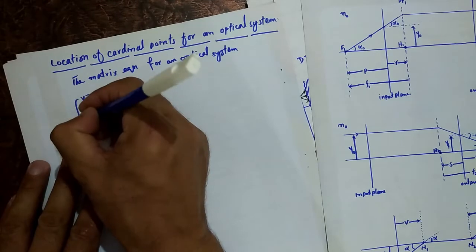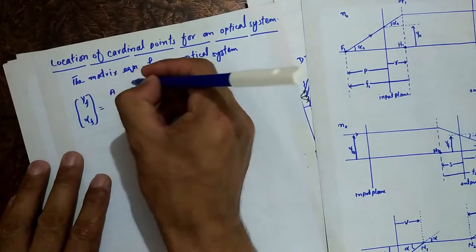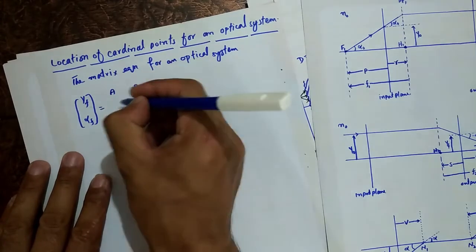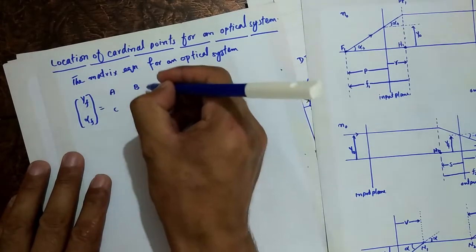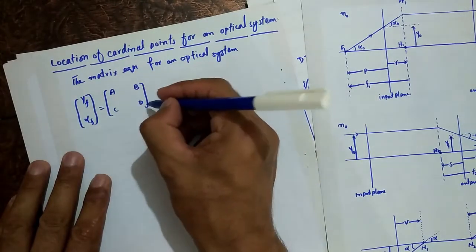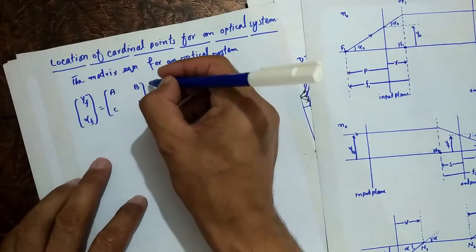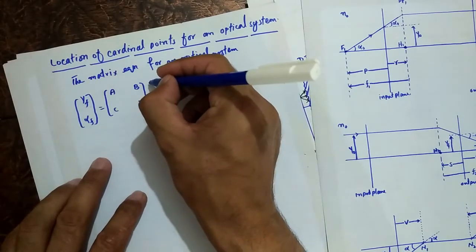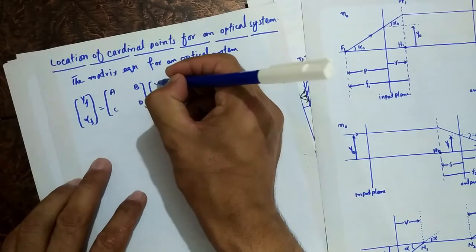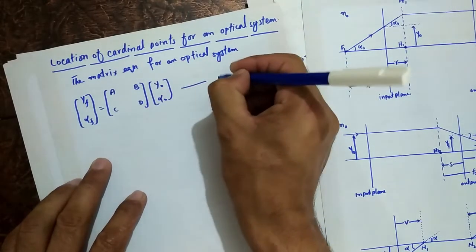These can be given in terms of two matrices whose elements are, let's suppose, A, B, C, D. This is the matrix equation. This is the matrix for an optical system, and these are the linear equations. So this is y naught, alpha naught. This is equation number 1.